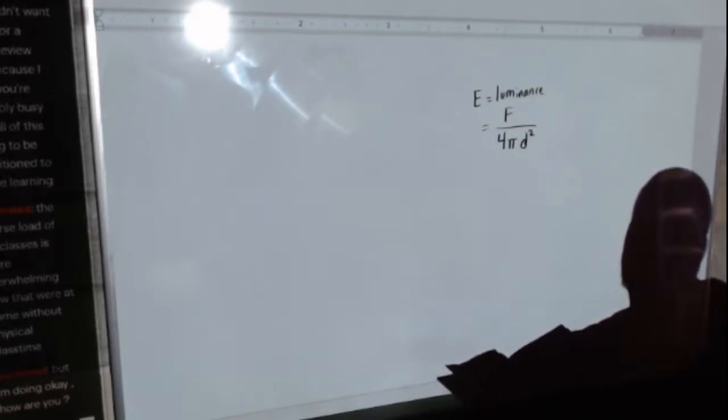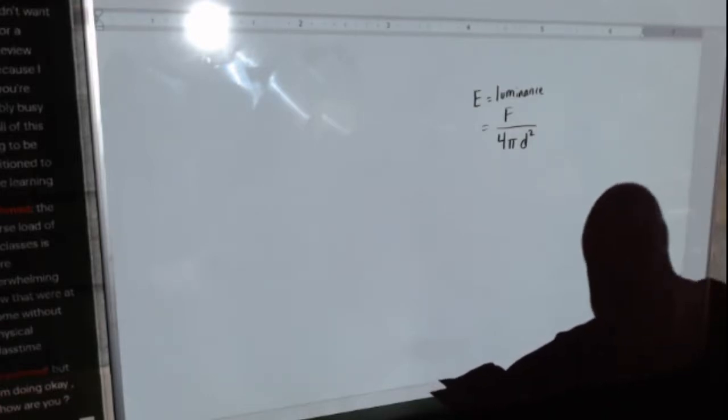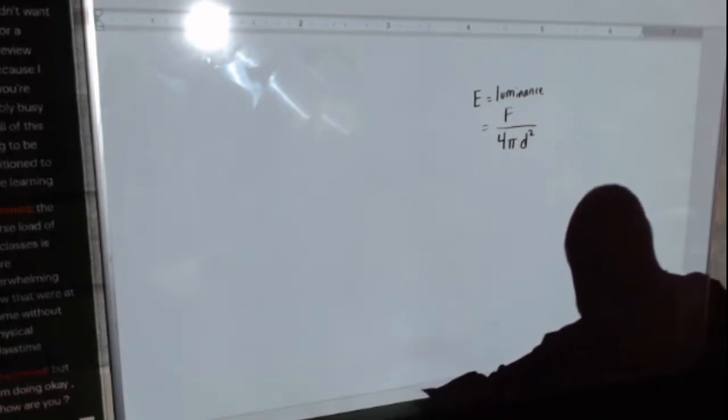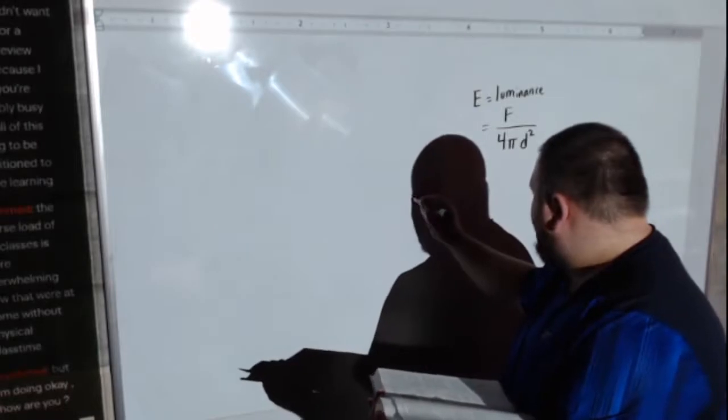So why 4 pi d squared? Well, that's the surface area of a sphere, and the light from a light bulb is going to come out in a spherical wavefront. It says that you've got two light bulbs that are 3 meters apart. So again, forgive my light bulbs.